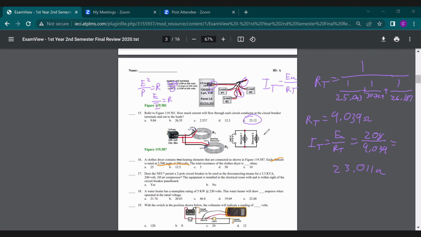So what I want to do is R total equals my inverse resistance. But to find that inverse resistance, I need the resistance of a single element. So R equals E squared divided by P. 250 squared divided by 2500 watts.